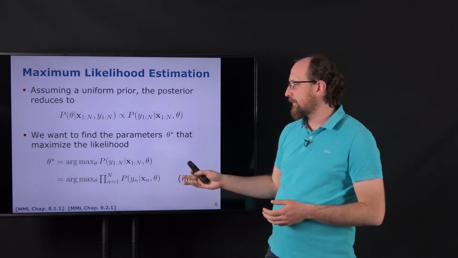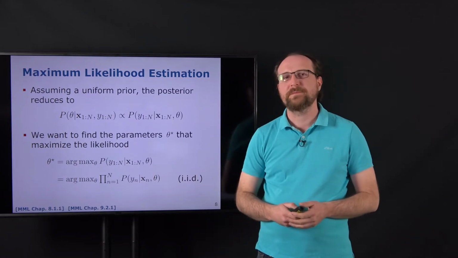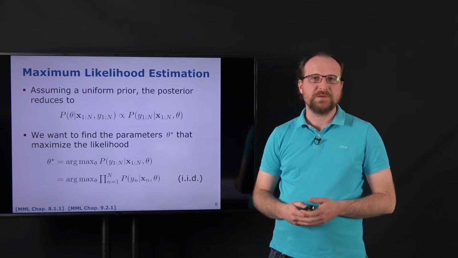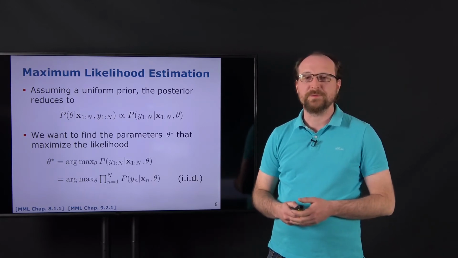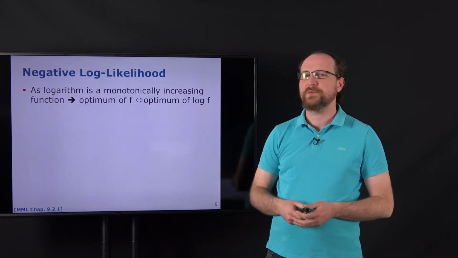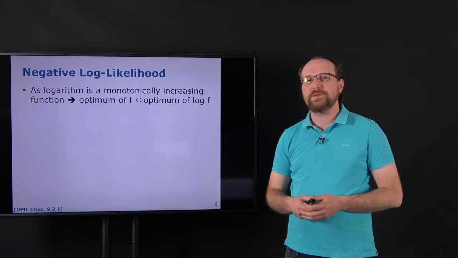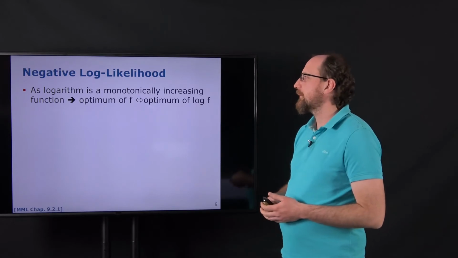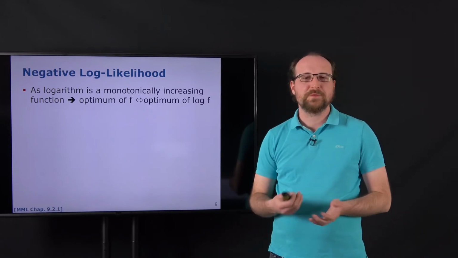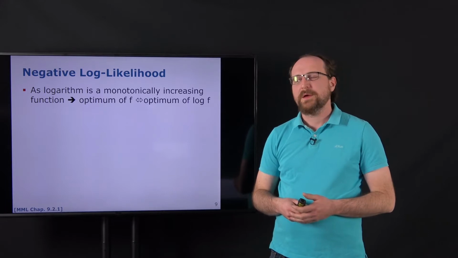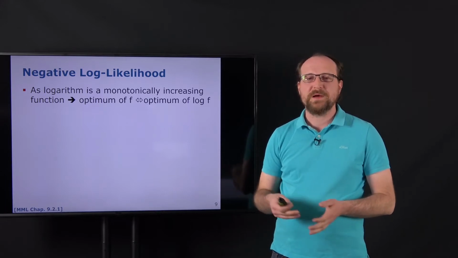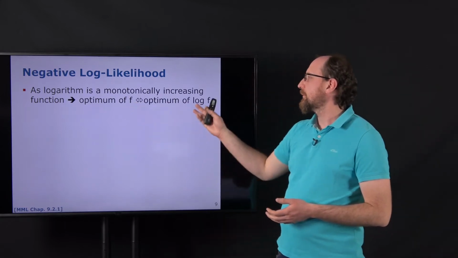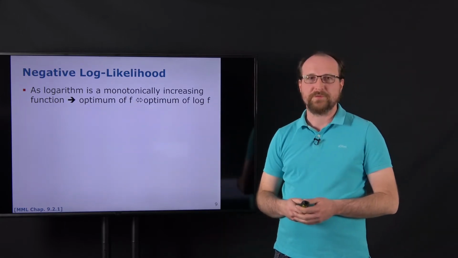When we now have this optimization problem, we can use certain tricks to make it a little bit easier, also for the derivation in the end. The first trick that we are using is the logarithmic transform. The logarithm is a monotonically increasing function, and that means when we apply the logarithm to a function f, then the optimum of f will also be the optimum of the log of f.